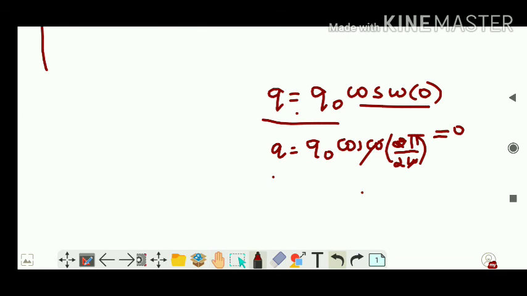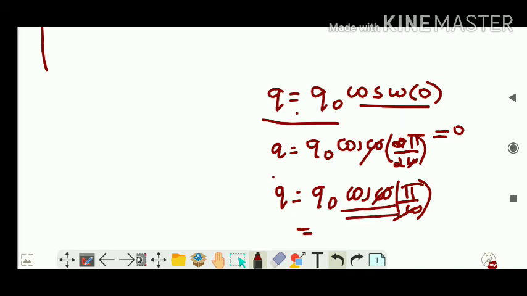Now let's move on with the next one. That is Q is equal to Q naught cos omega times, let's take the highest value, pi by omega. Omega cancels, so it will be minus Q naught. Why? Cos pi is minus 1.